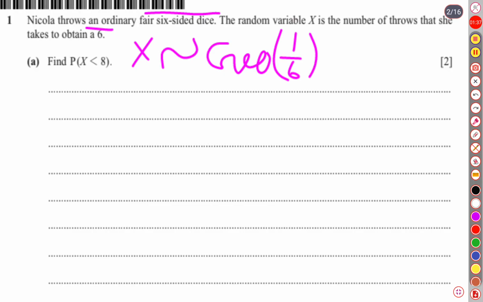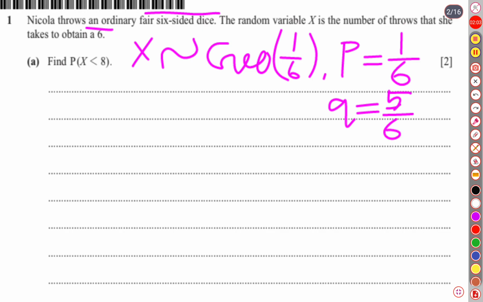Probability is denoted by P is equal to 1 over 6. That means out of 6 times he succeeds once. So what will be the q, the unsuccess? For every throw, the probability of unsuccess is 5 over 6. Out of 6, 5 failures. So the value of P is 1 over 6 and q is equal to 5 over 6.